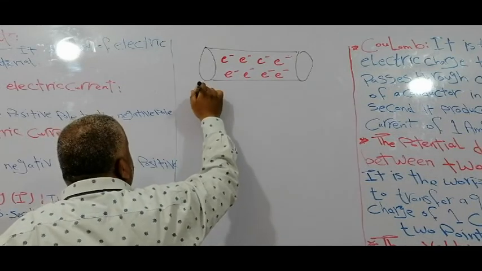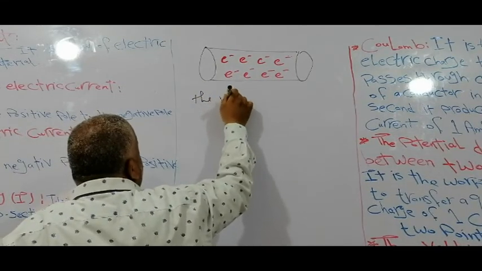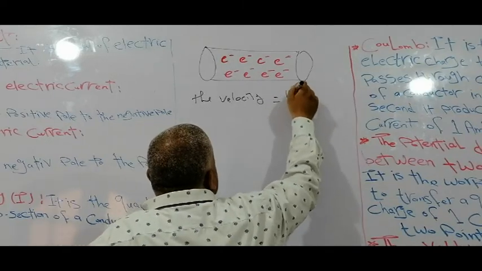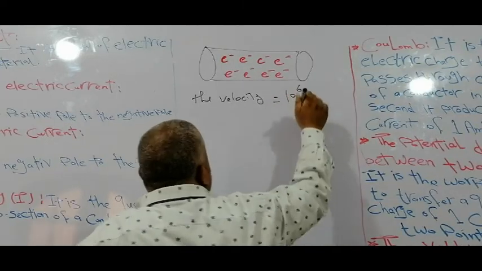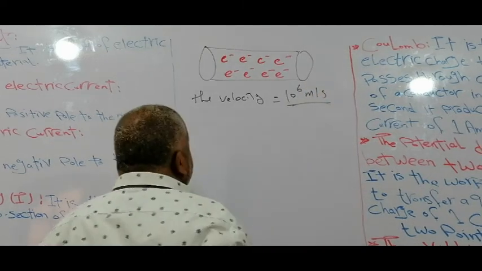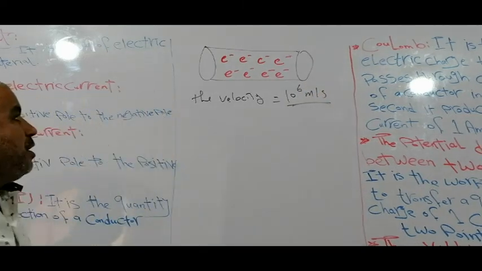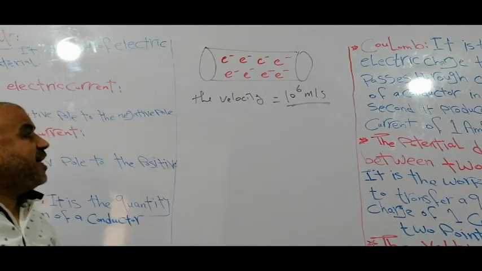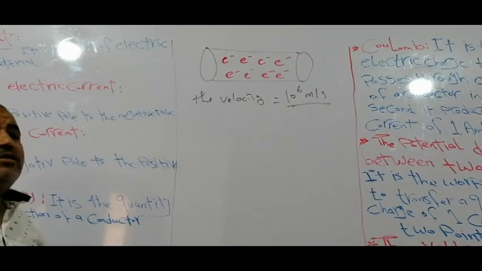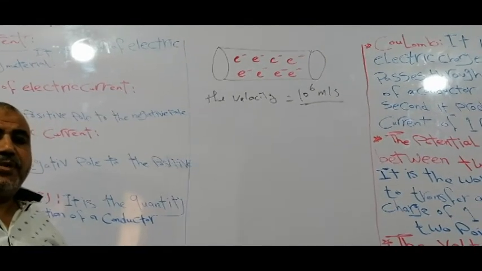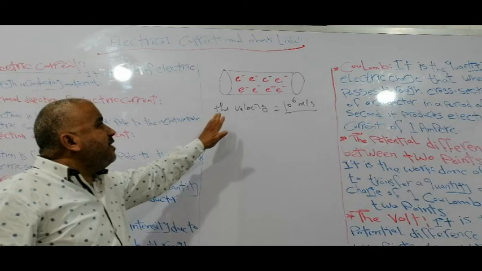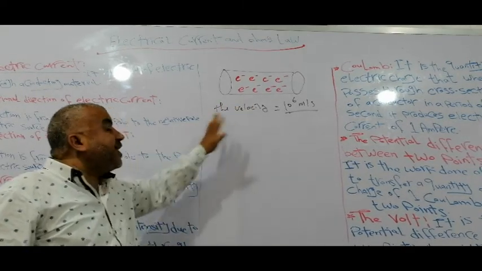The velocity equals 10 power 6 meters per second, 1 million meters per second. This motion is in all directions, random motion, and we have no current in this case.